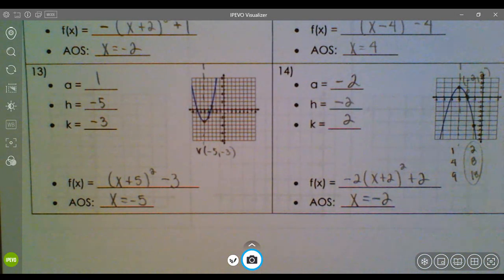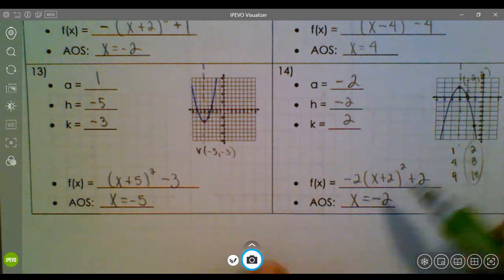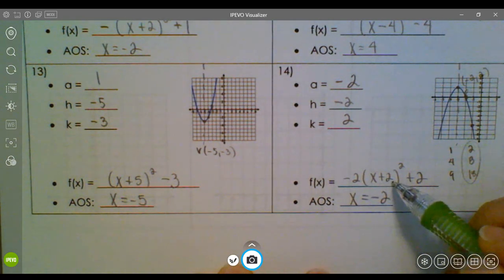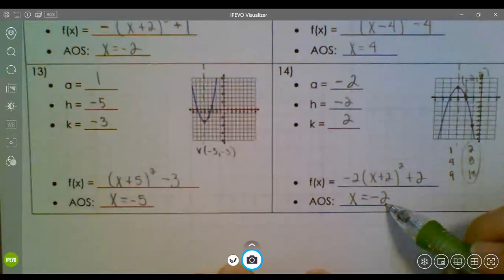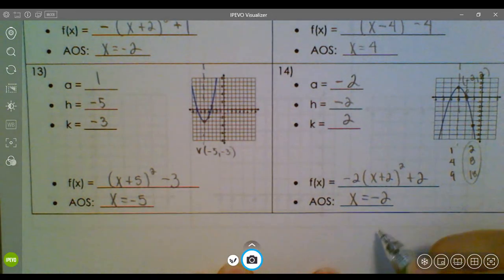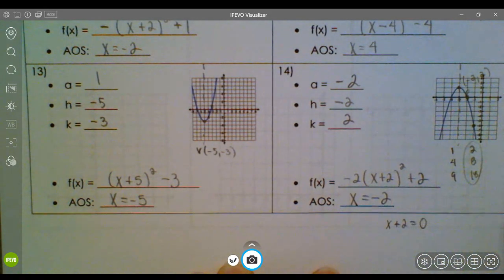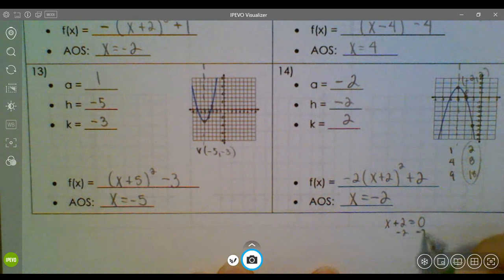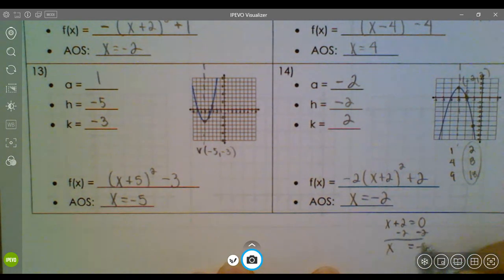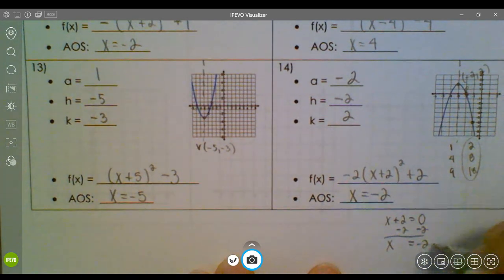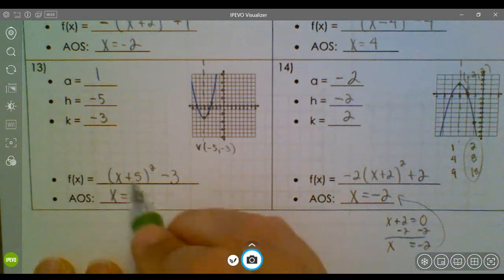And look at this right here, y'all. If the function is x plus 2 squared, the axis is x equals -2. What's happening there? Well, we're basically setting what's being squared equal to 0. When you solve that equation, you get x equals -2. And look at that, that's my axis. Look up here.